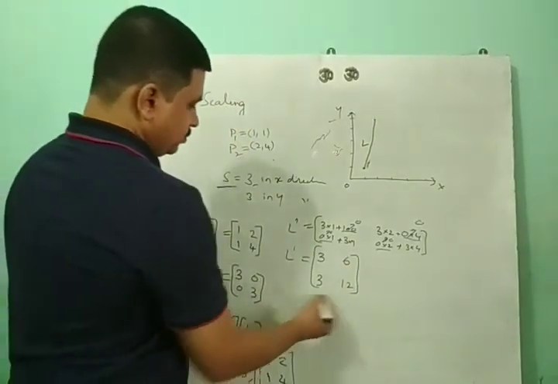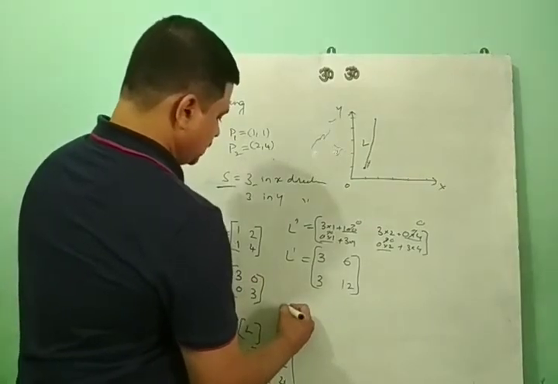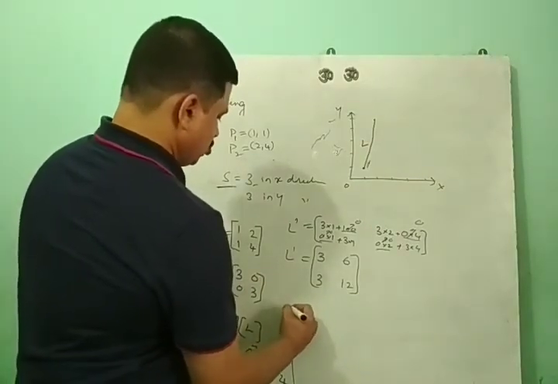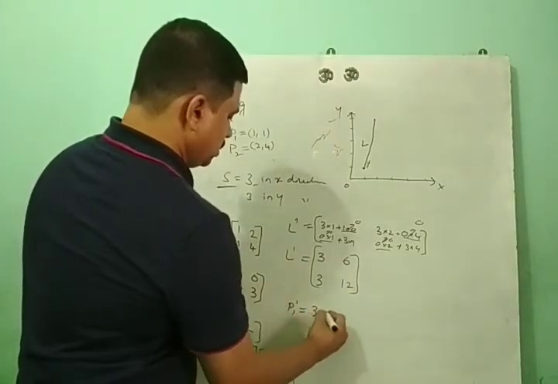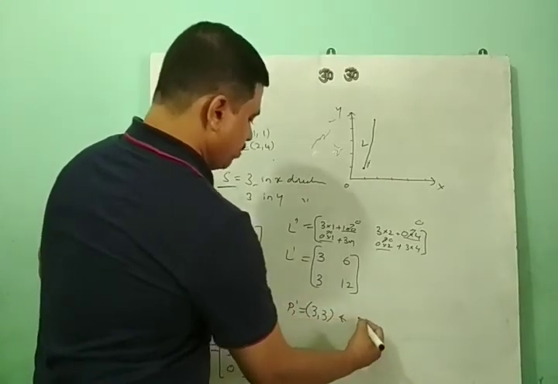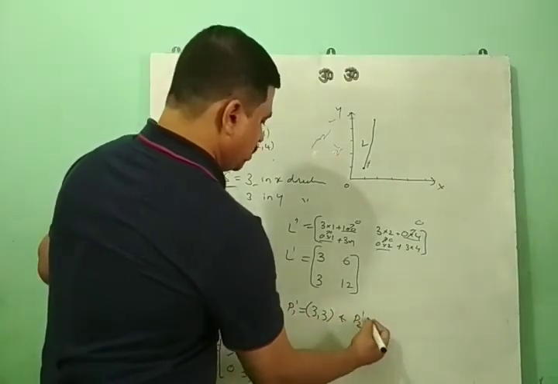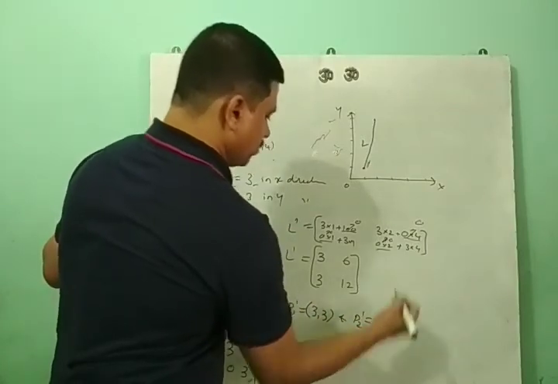Then by this what we can conclude is the end points of this scaled line: P1 dash is equal to 3 comma 3, and the other end point P2 dash is equal to 6 comma 12.